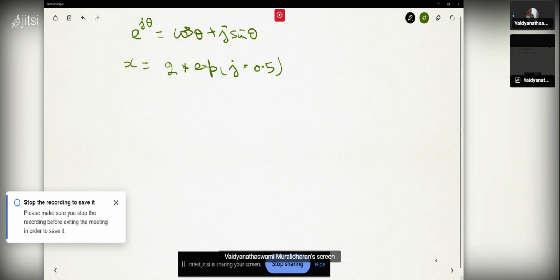This is called magnitude. This is phase or angle.